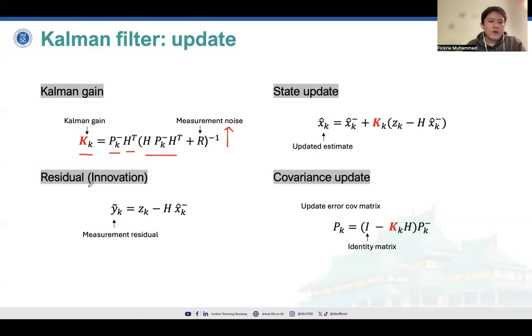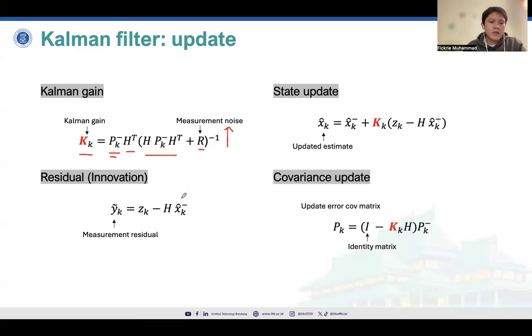And then we have our residuals, called innovations. So why are the residuals called innovations? It's basically giving new information. That's why it's called innovations. It combines the uncertainty from both the predicted states and the measurement noise, right?